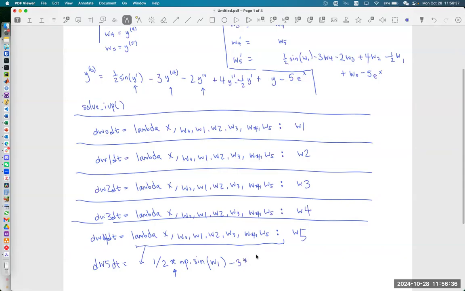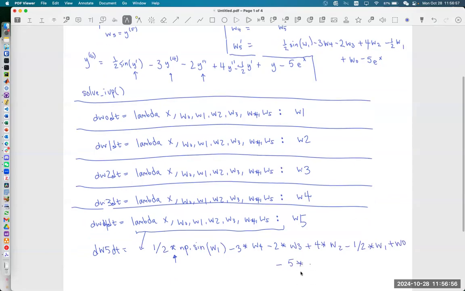These are Python syntax rules. So then -3 times w4 -2 times w3 plus 4 times w2 -1 divided by 2 times w1 plus w0 -5 times e. For e, you can either write np.exp of x, or alternatively, -5 times np.e, the natural number, raised to the power of x with two stars.